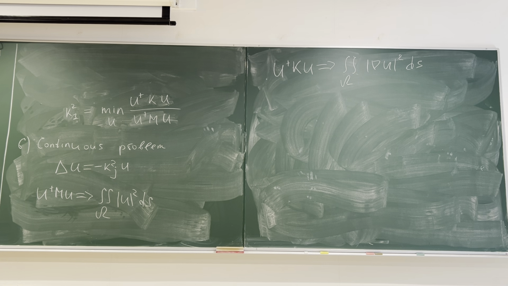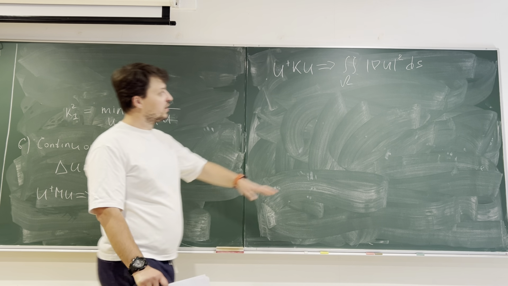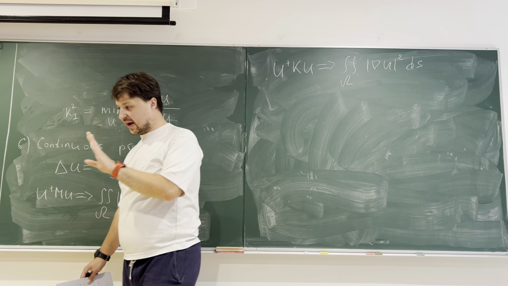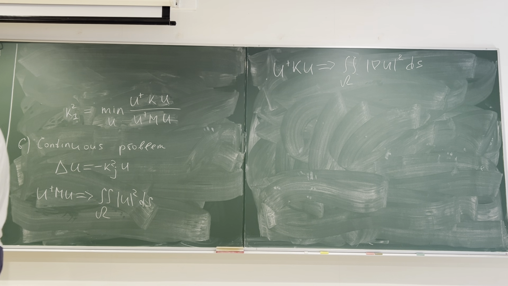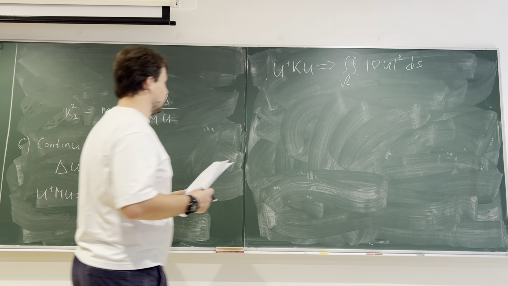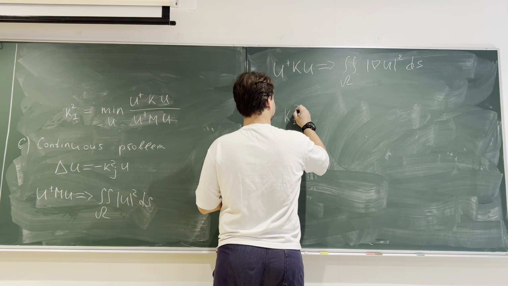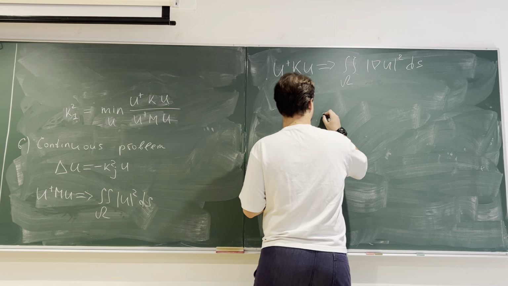And this thing is like the Laplace operator. It comes from the Laplace operator after we do integration by parts. And that's a valid guess for the first eigenvalue. It's like this.